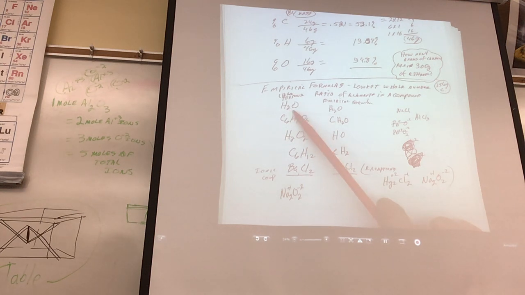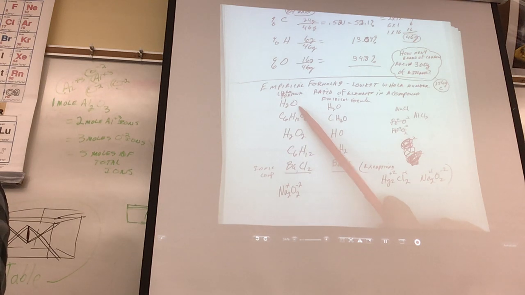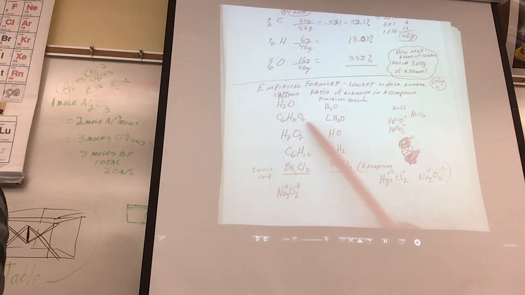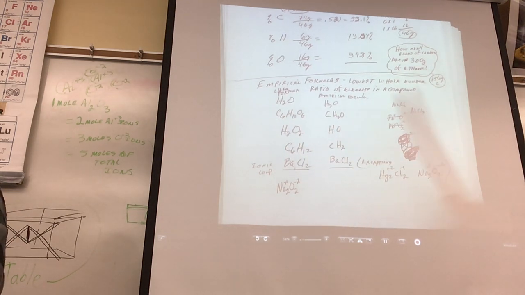Well, I can't reduce that any further, so the empirical formula for water is the same as the chemical formula. But look at glucose. The real chemical glucose has what empirical formula? You divide all these by 6, and you get there. So the lowest whole number ratio in glucose is for every 1 carbon, you get 2 hydrogens and 1 oxygen. Ready?